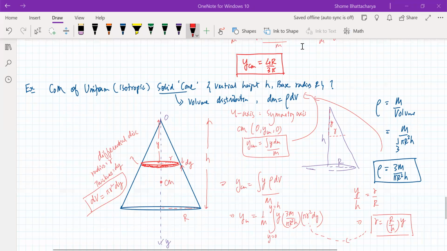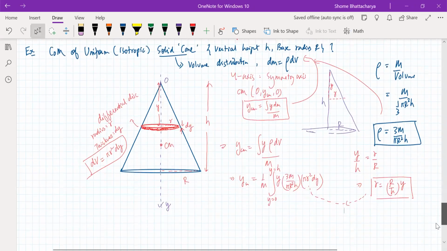The answer is correct. I'm just carrying out the integration.